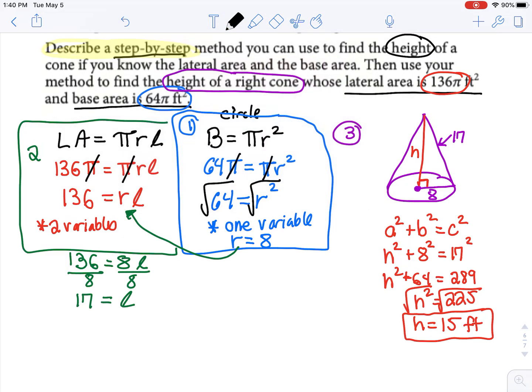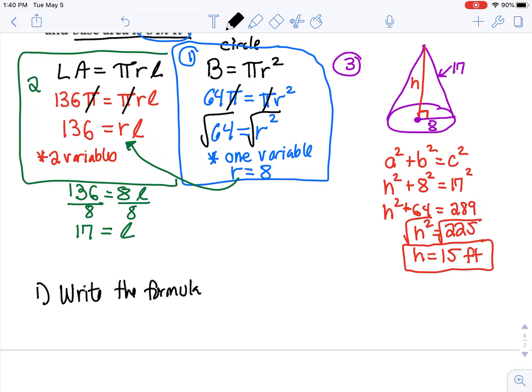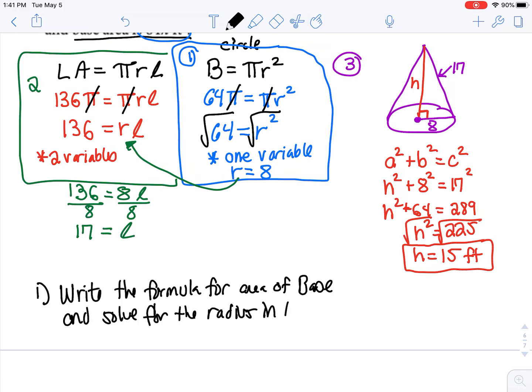So if we were to go back and actually write this out step by step, think about what our first step was. Our first step was to write the formula for area of the base and solve for the radius in this formula.